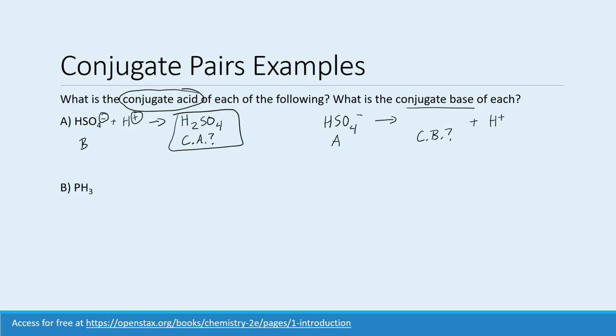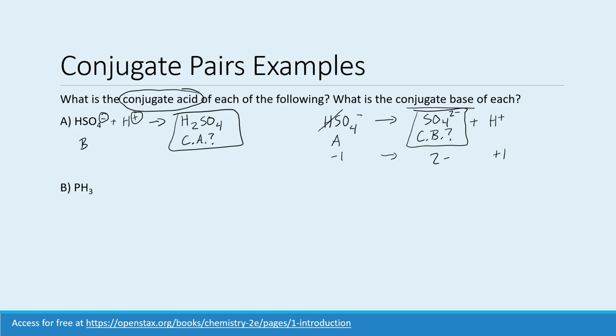The remaining species is whatever is left after we take that hydrogen off. So we're left with SO4, and remember that we have to reduce the charge by 1, because on the reactant side we have a -1 charge overall, and on the product side we've got a +1 coming from the hydrogen ion, so overall our SO4 must have a 2 negative charge. So our conjugate base is SO4 2 negative.